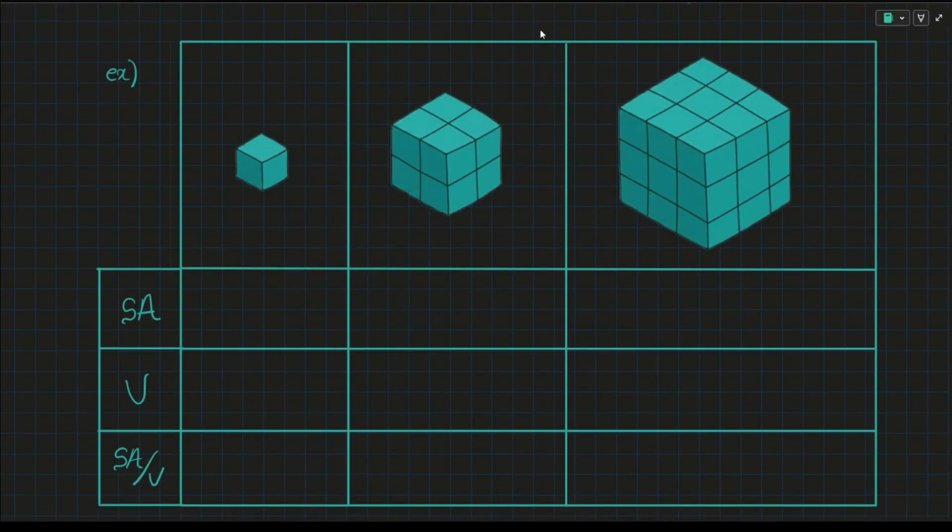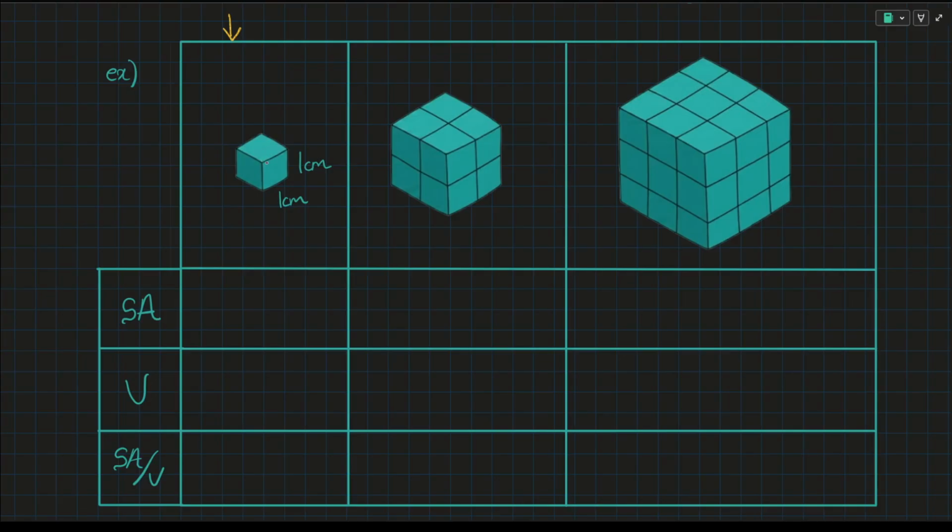Right. Here you can see we have 3 cubes, basically 3 whole cubes. Each of these small cubes are 1 centimeter in length from either side. So let's first of all focus on the first column of this table and let's fill in the surface area, the volume, and then the surface area to volume ratio so that you can get an idea of what we're talking about. Right. How do you find the surface area of a cube?